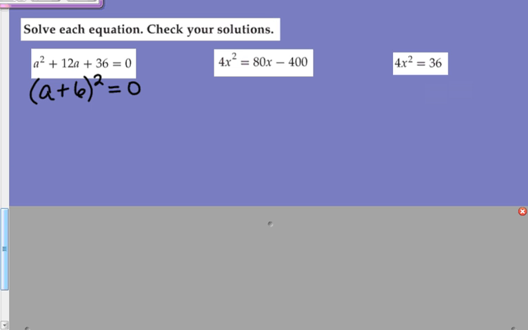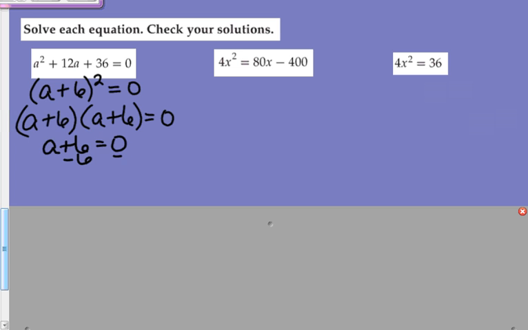So that means it's the same answer: a plus 6 equals 0, and a plus 6 equals 0. So you have one answer this time. When you solve it, a plus 6 equals 0, you subtract your 6, so a is only negative 6. You only have one answer when they're a perfect square trinomial.